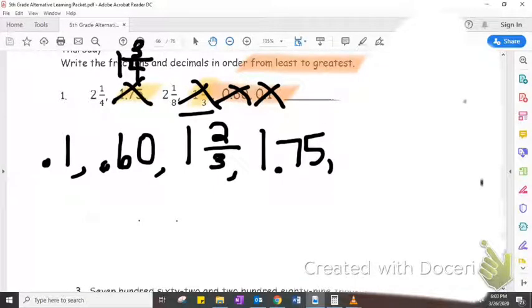Okay, so now we have 2 and 1/4 and 2 and 1/8. Because they're both unit fractions, we can think about what's smaller, eighths or fourths. Because the whole is divided into more pieces, eighths would be smaller than fourths.